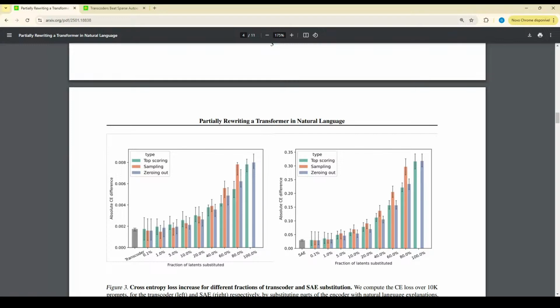But we are still not at the point where we are confident that our explanations are good enough that you'd be able to rewrite the transformer. Sorry, yeah, one more. The error bars are SEM, or they're not confidence intervals, right? Yeah, they are confidence intervals, but of the median.